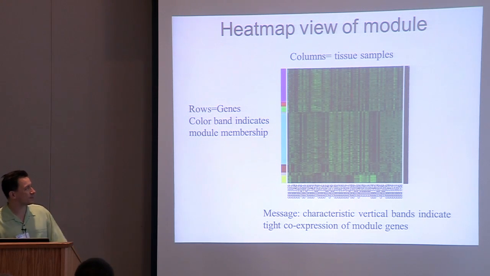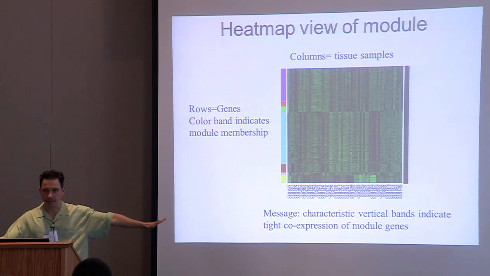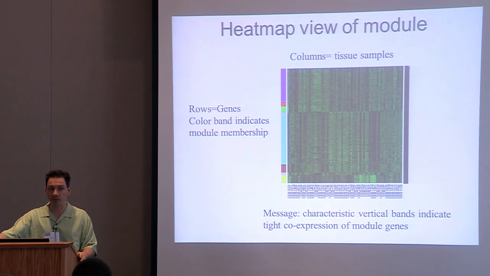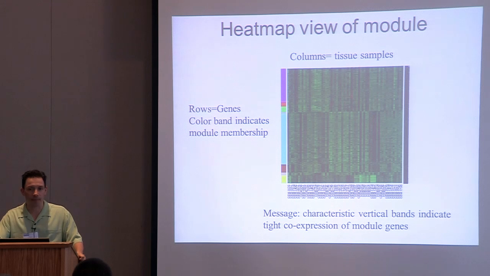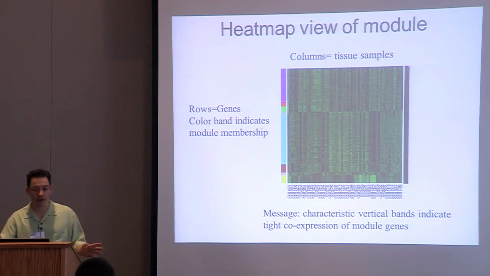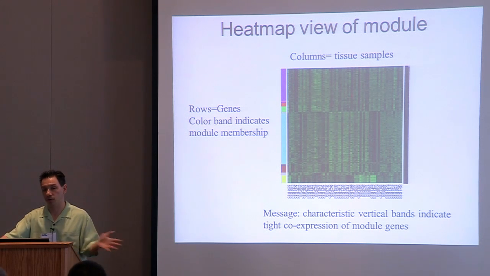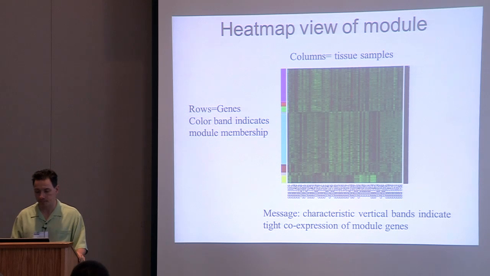However, sometimes you see really crazy heat maps, which could result from outliers, artifacts, and so on. Later, or tomorrow, I show you our software tutorial where we see a heat map that looks really bad. And so it's always a very useful exercise to look at heat maps of modules to make sure that things are kosher.